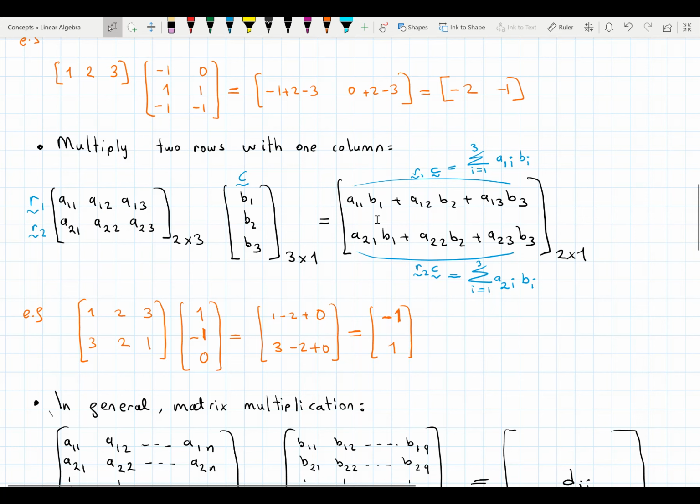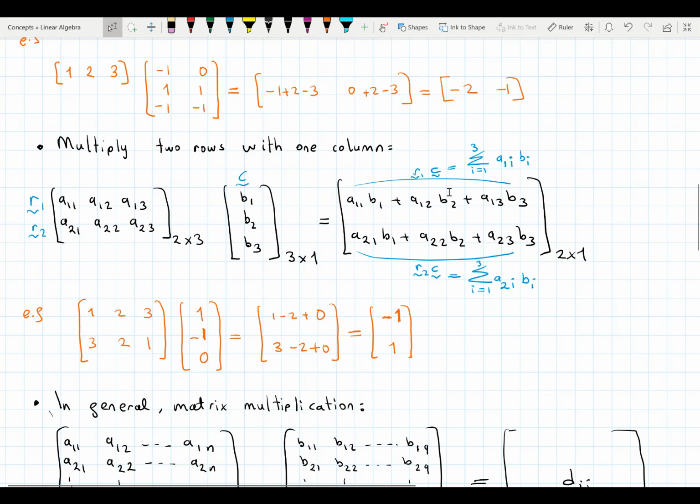So as before, this is A11 B1 plus A12 B2 plus A13 B3, which is that entry. A21 B1 plus A22 B2 plus A23 B3 will give us this entry.